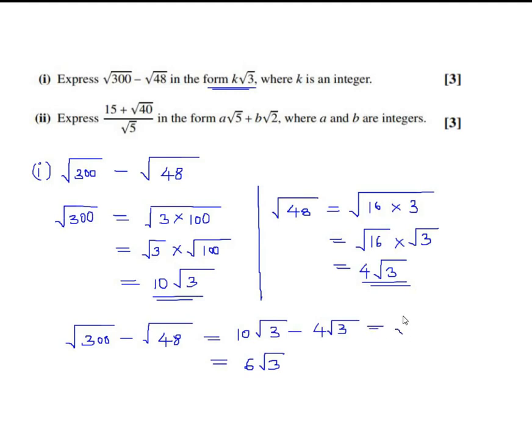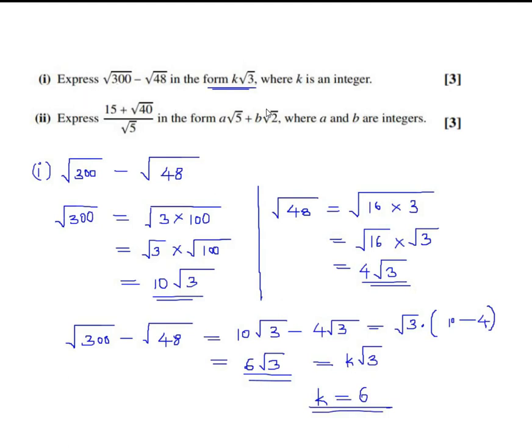To write it more specifically, we can take square root of 3 common and write it as 10 minus 4. So 10 minus 4 is 6 and square root of 3 stays. Now this is of the form k root 3 and we got the value of k by comparison as 6. This is how we solve this example.